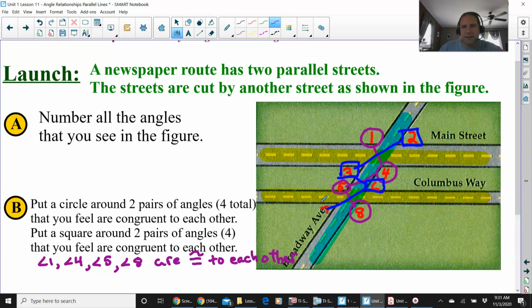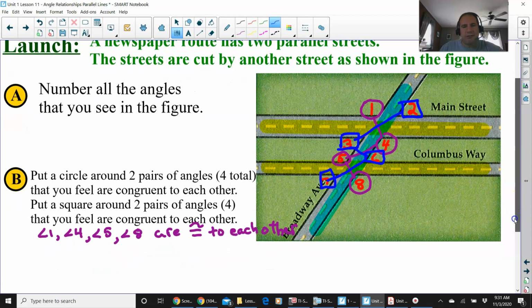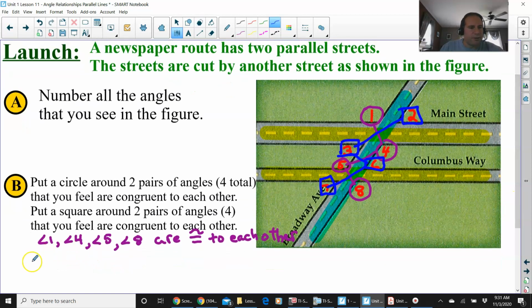And then I'm going to finally crisscross to 7. All of those angles are acute angles. So angle 2, angle 3, angle 6, and angle 7 are congruent to each other.